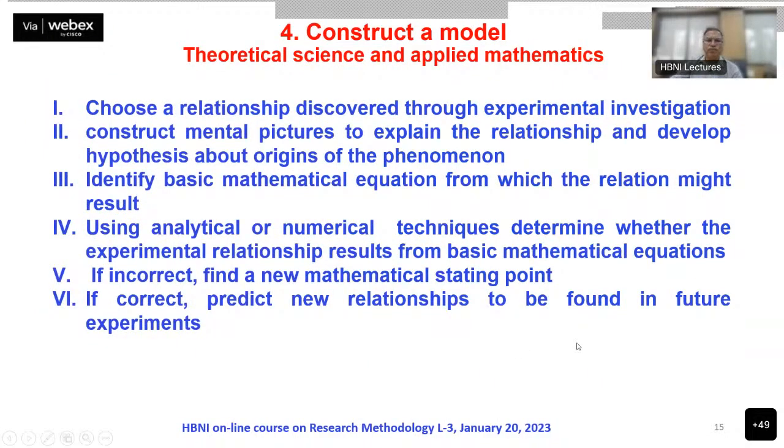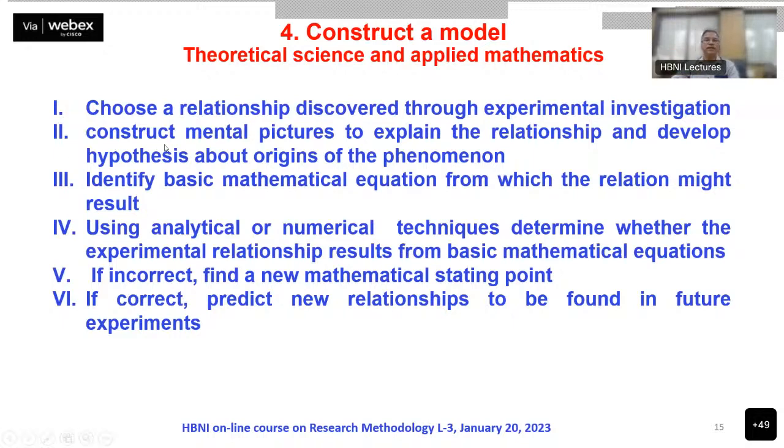The fourth type of research method includes construction of a model, like in political science and applied mathematics. So you can choose a relationship discovered through experimental investigation. In fact, one can even do a good literature survey, and using that itself you can make a model.